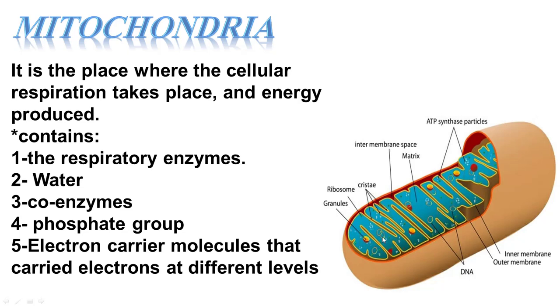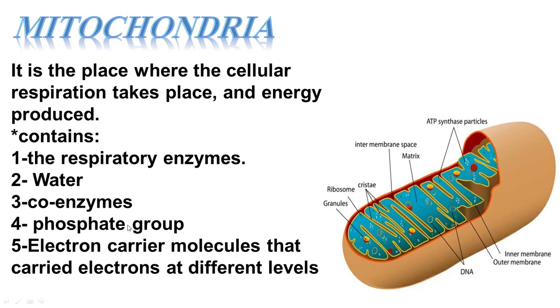Mitochondria is the place where cellular respiration takes place and energy is produced and stored, like the photosynthesis process in the chloroplast, the home of photosynthesis and storage of starch and glucose. We also need respiratory enzymes, water, and coenzymes; co means cooperative, so a coenzyme is a helper to complete the process of cellular respiration.